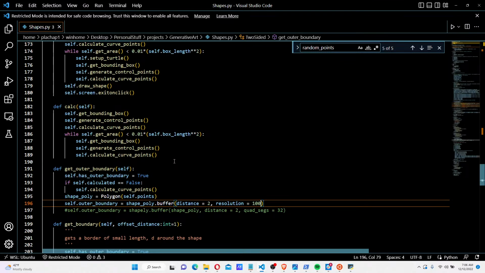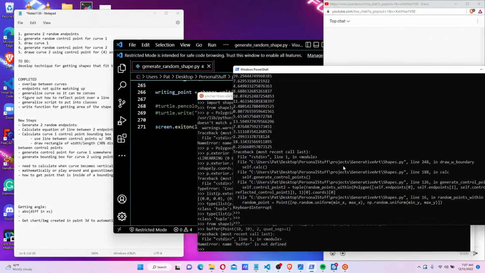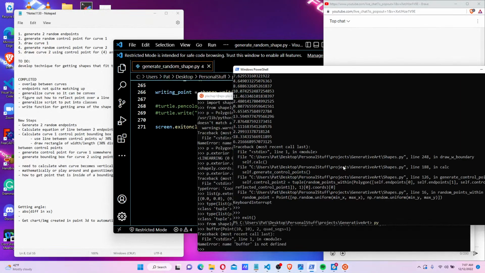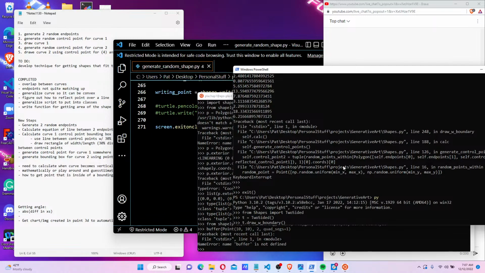Oh, I see. I think that's because the 2 points just simply aren't far enough away, the 2 randomly generated points. Oh, so if you do a lot of points, you do get a nicer boundary. Yeah, okay.